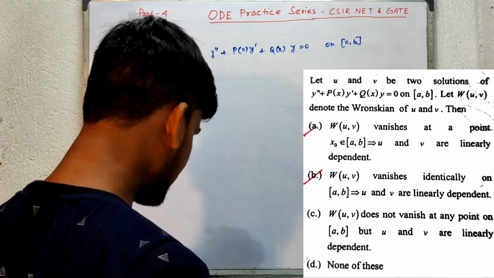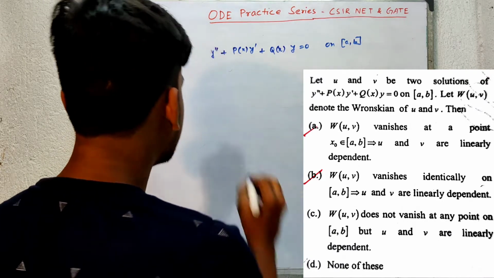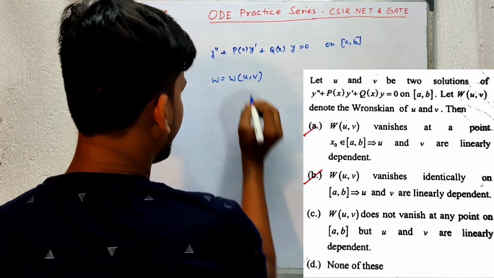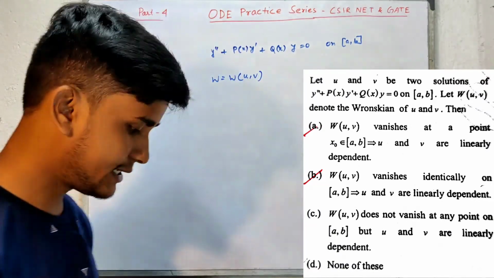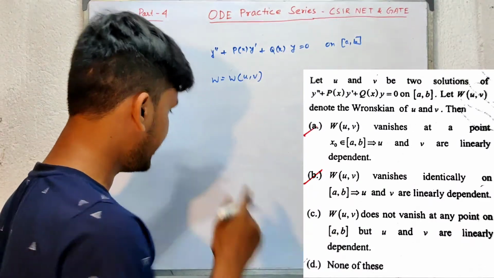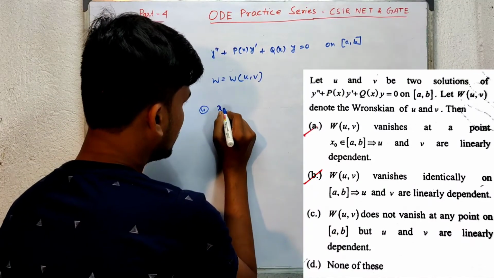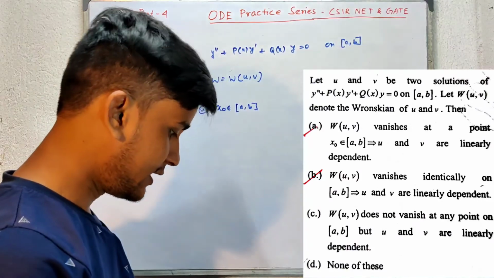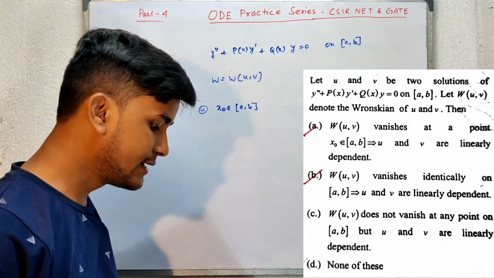Let W denote the Wronskian of u and v, so W is equal to W(u, v). Then option A says that W(u, v) vanishes at a point x0 belonging to [a, b], which implies u and v are linearly independent.